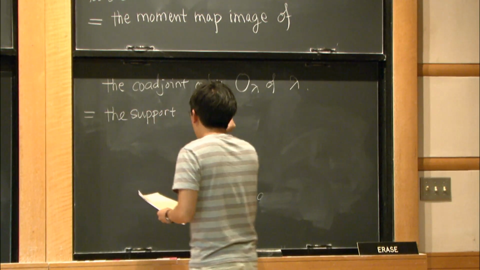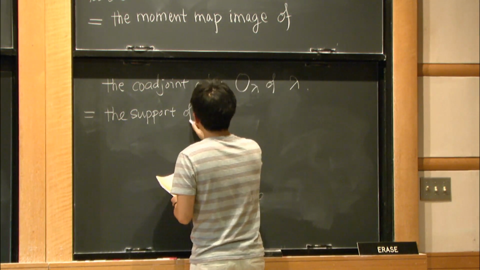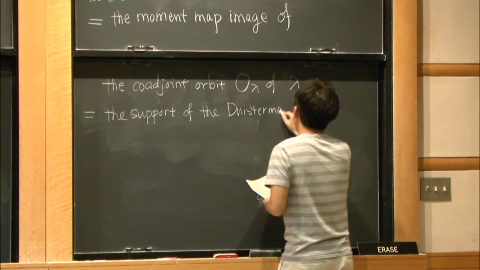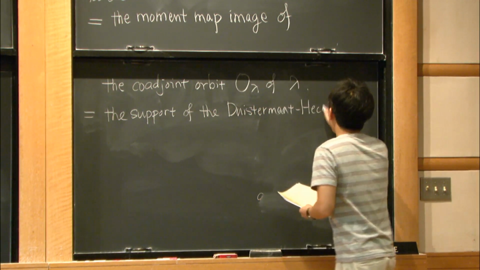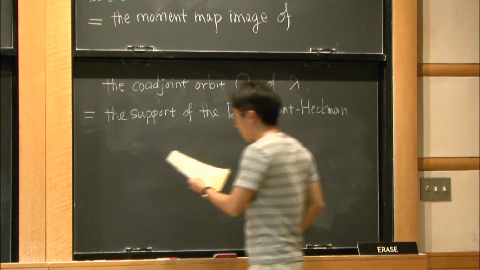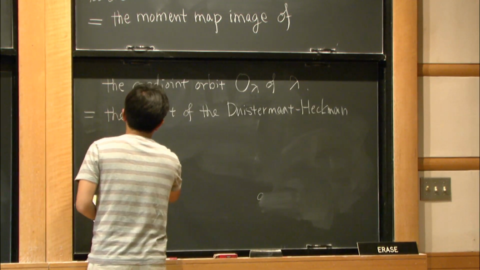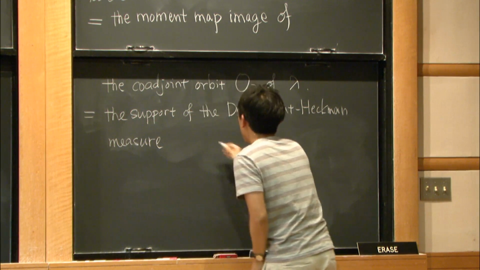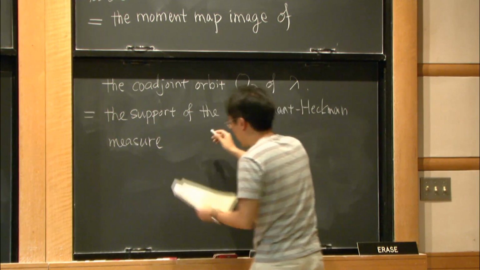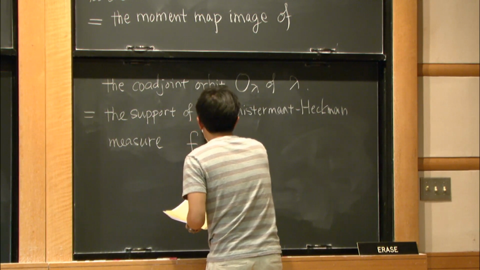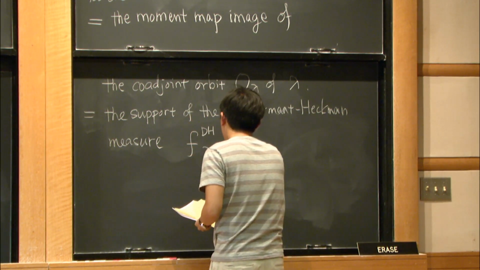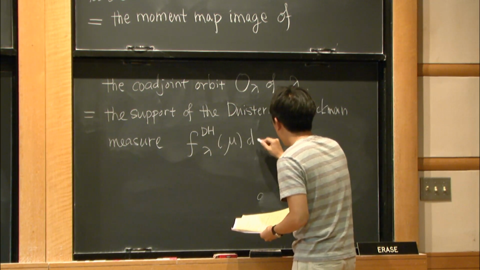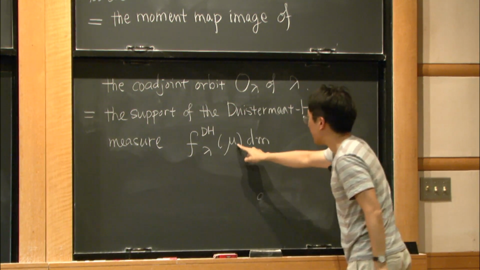So I'm saying that our permutohedron is the support of what we call the Duistermaat-Heckman measure, which you can write as a multiple of the usual Lebesgue measure on our polytope. So let's say f_lambda(mu). So it's some function of mu, and there's a Lebesgue measure in the mu coordinate.